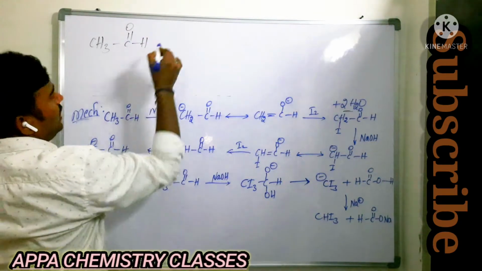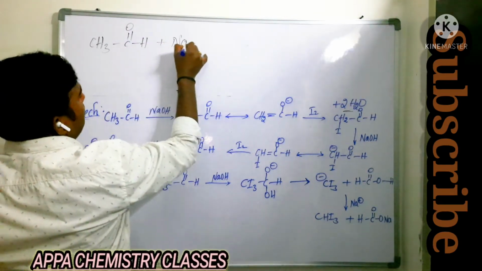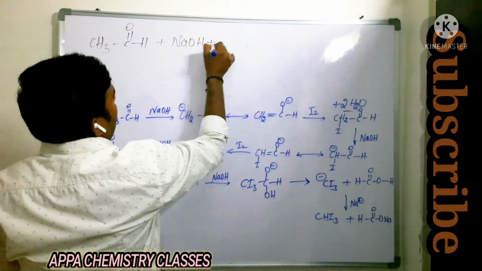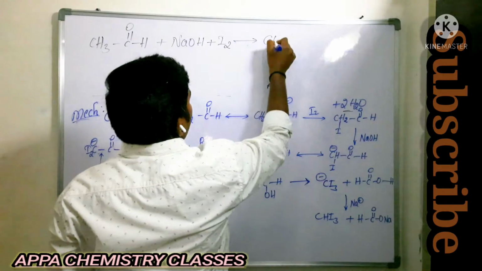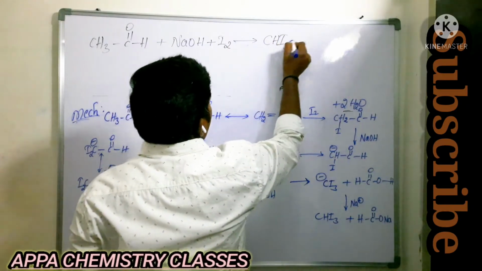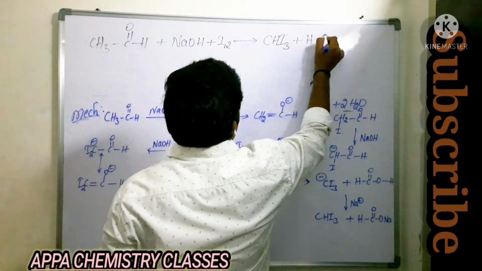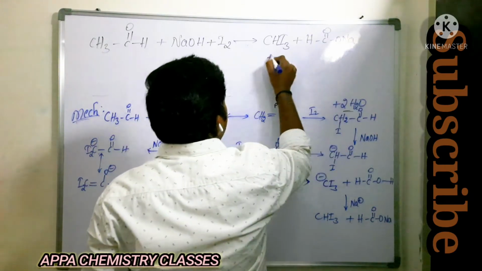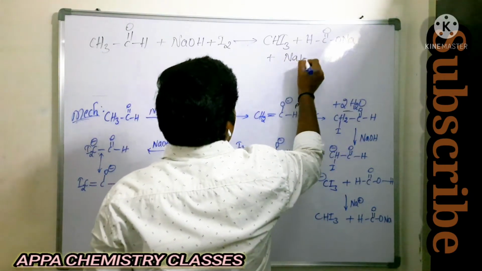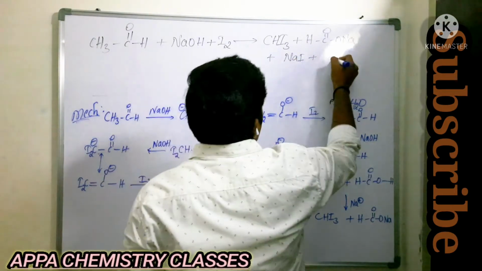When it reacts with iodine in presence of sodium hydroxide, we are going to get CHI3 plus HCOONa. Along with this we are getting sodium iodide plus water.